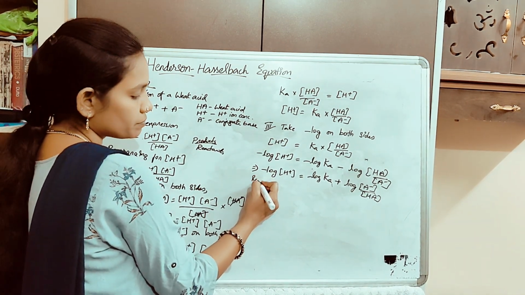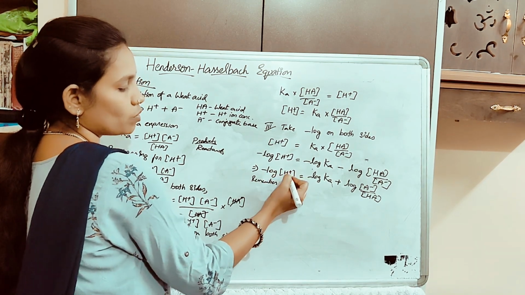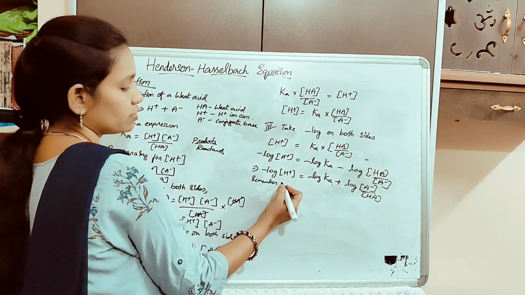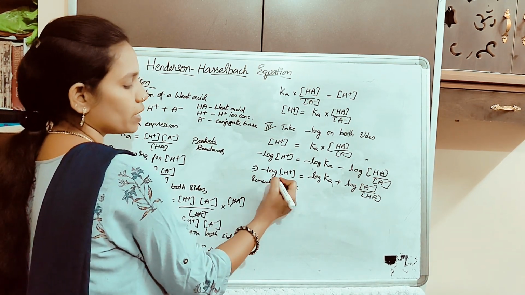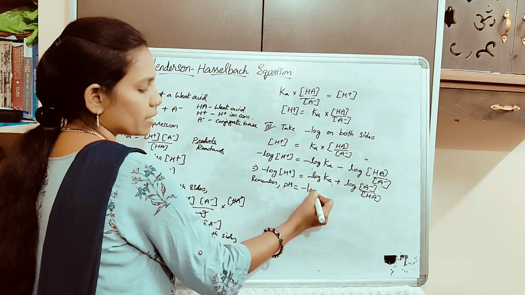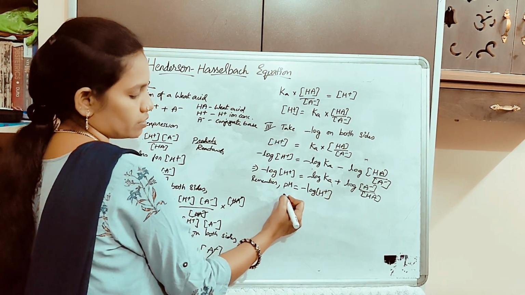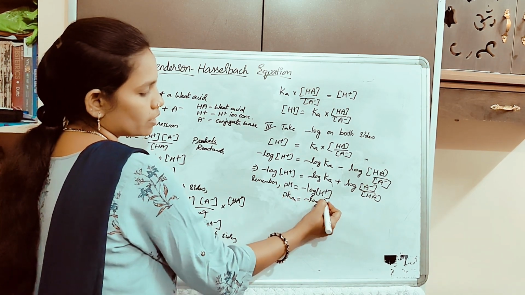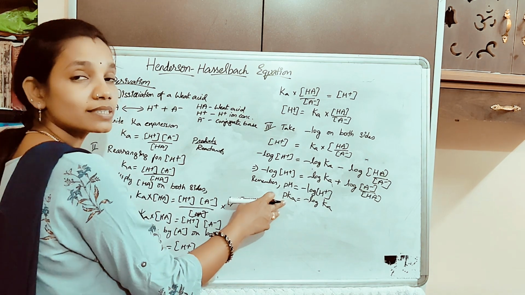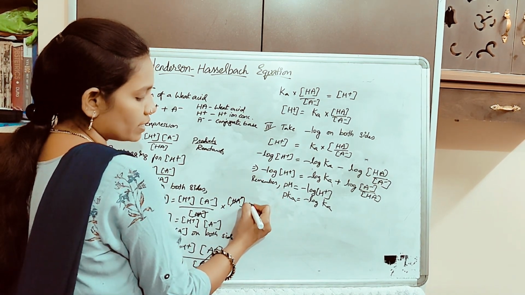Do you remember what is the negative logarithm of concentration of hydrogen ions? Do you recall anything? Nothing but pH. So pH is equal to minus log into concentration of H plus. What is pKa? Minus log Ka. Now substituting these equations in the previous equation, we'll get the final equation.